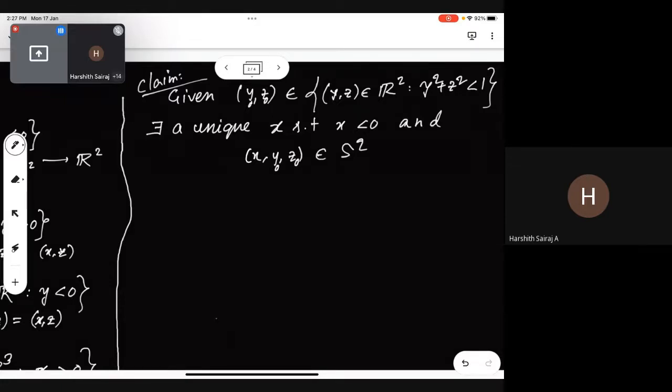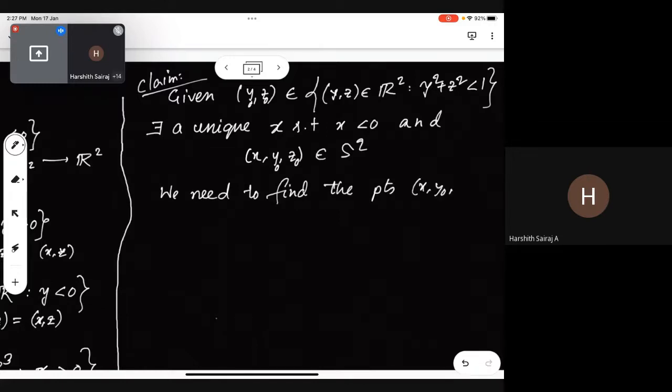So we need to find the points (x, y naught, z naught) in R3 such that x square plus y naught square plus z naught square is 1.